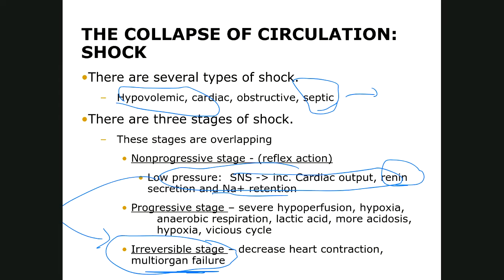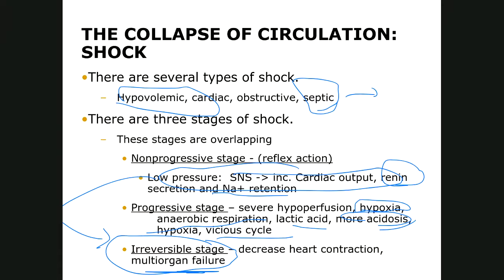It's getting oxygen but not as much, and skeletal muscle might undergo anaerobic respiration and build up lactic acid. You might then get acidosis, and the vicious cycle continues. So you get from here to here, and then multiple organ failure, and that's it, you're going to die.